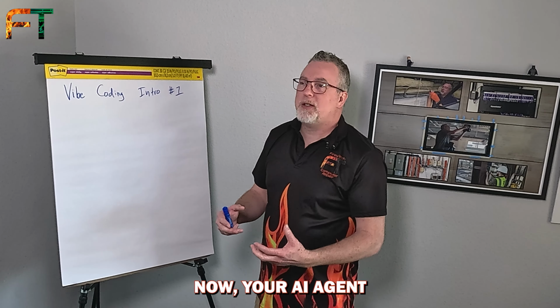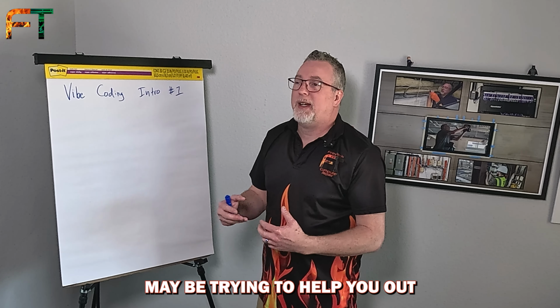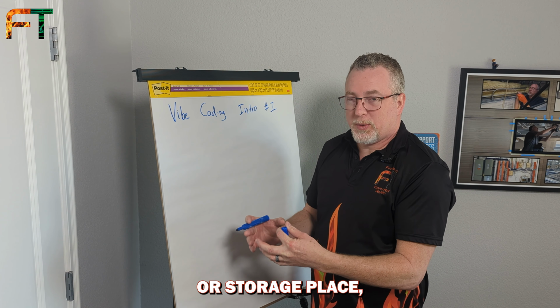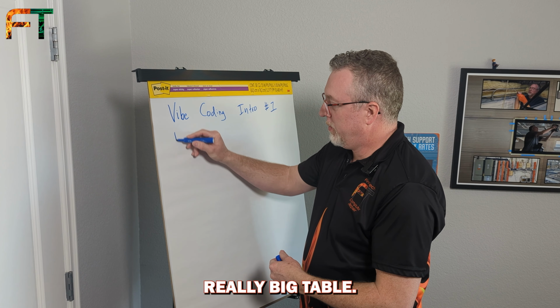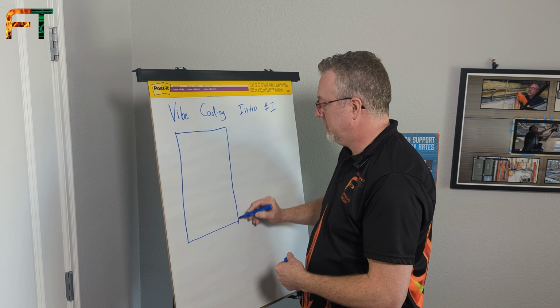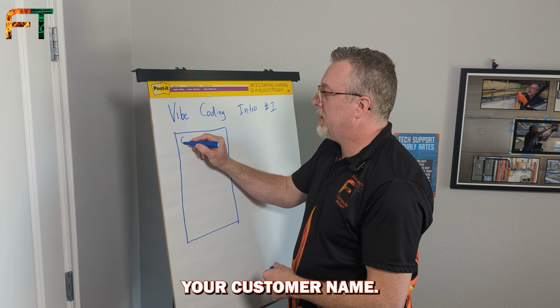Now your AI agent may be trying to help you out and make everything into one database table. If we try to put everything into one table or storage place, then you're going to have this really big table. And you're going to have your customer name.